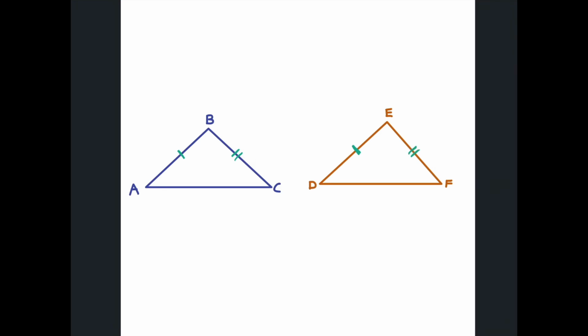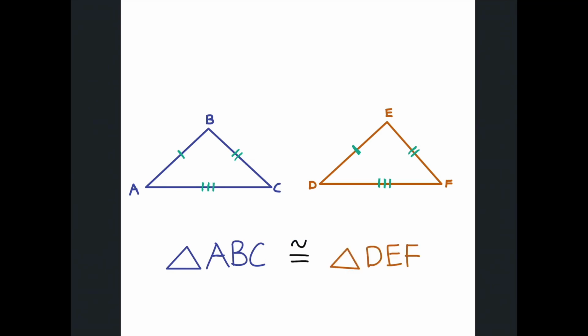Lastly, let's say that segment AC is congruent to segment DF. If we know that all the sides of a triangle are congruent, then the triangles are congruent. So, triangle ABC is congruent to triangle DEF.